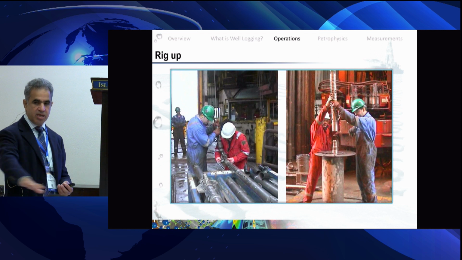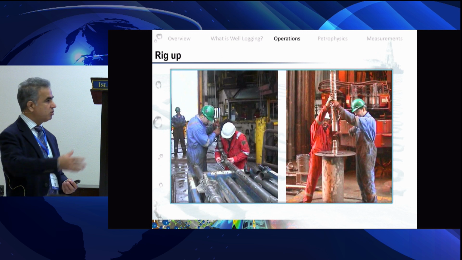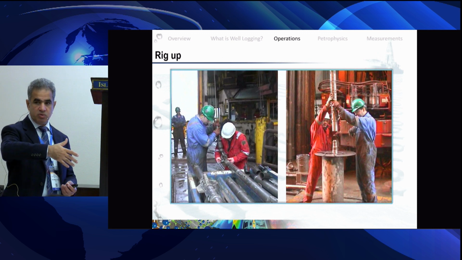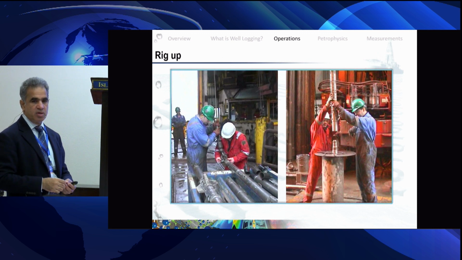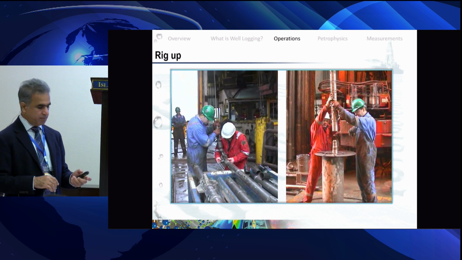Horizontally means they are lying parallel to the surface, and then you bring them to the vertical at the rig floor, and then you test again. The current is flowing, the arm is working, and you also do certain calibrations. So there are certain checks before lowering the tool.